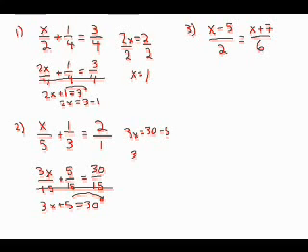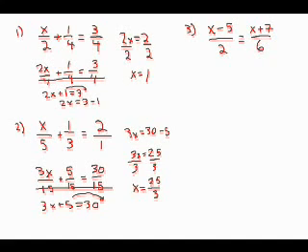We simplify that. We get 3x equals 25. And we still have to isolate the variable, so we divide both sides by 3. And now we have a fraction as our final answer. 25 over 3 is as simplified as it can get, so we can leave that as our answer.